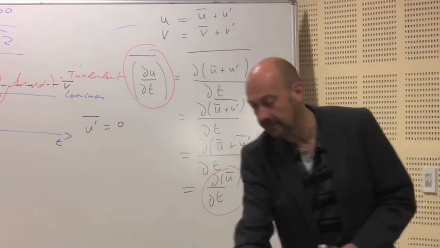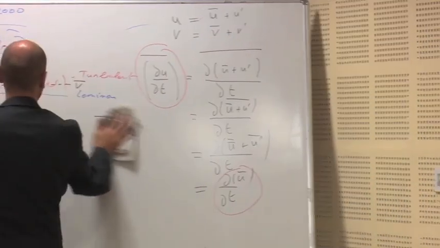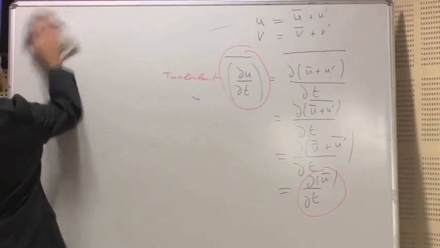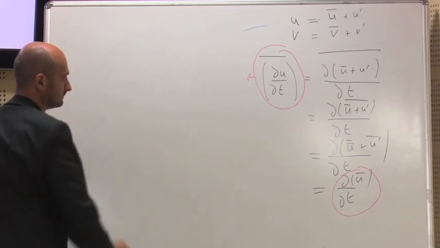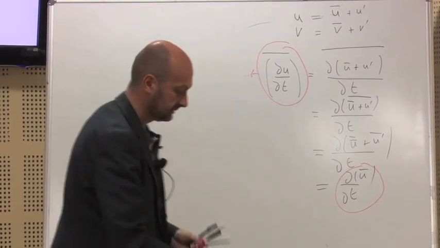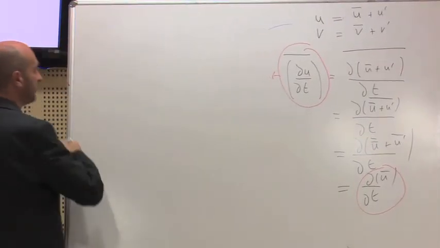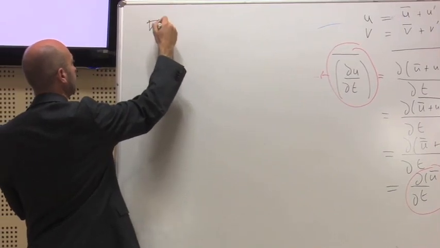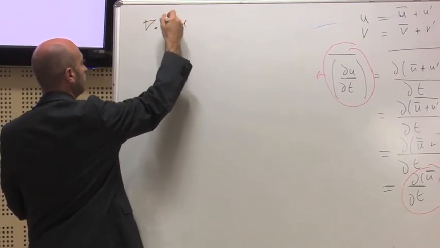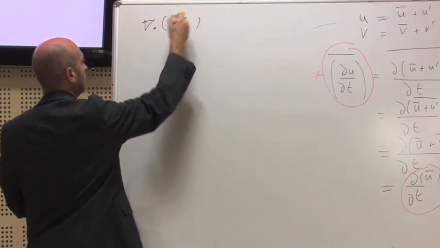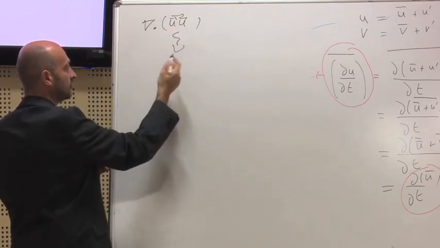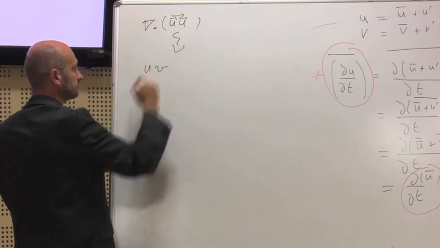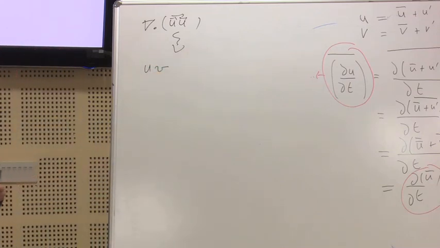So now if I take another term in the Navier-Stokes equation, like the divergence of u, so this is a product. So at some point I will have a product like uv.